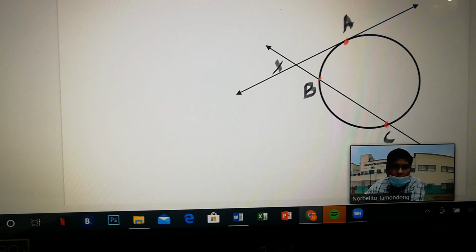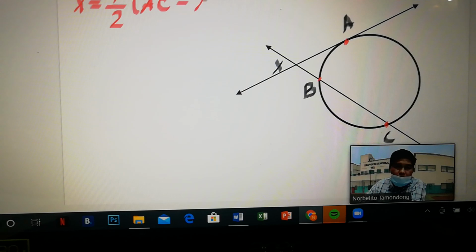So the measure of the angle formed X is equal to 1/2 the positive difference of arc AC, being the larger arc, minus the smaller arc AB, so that your difference is positive.